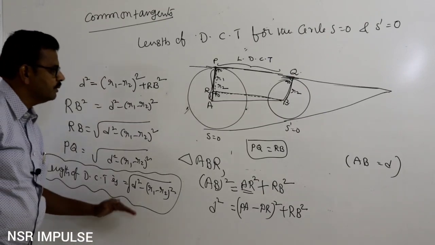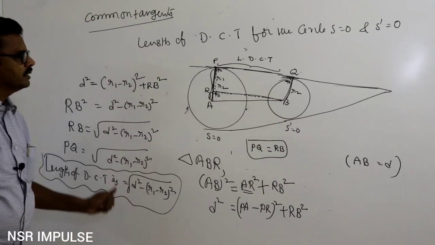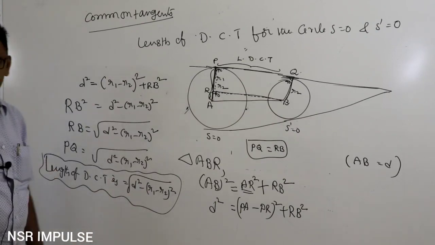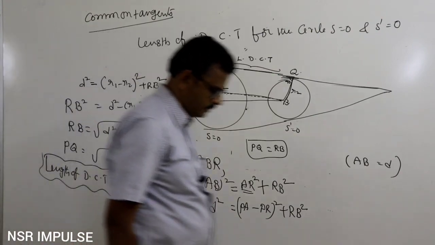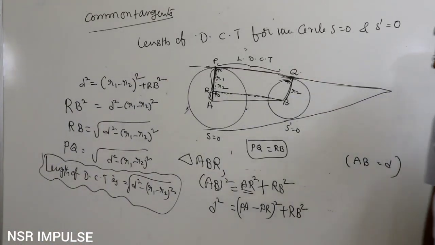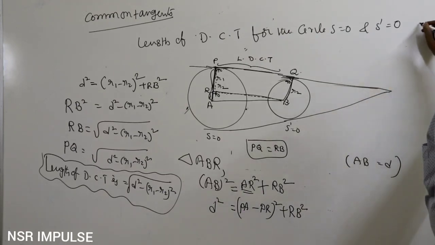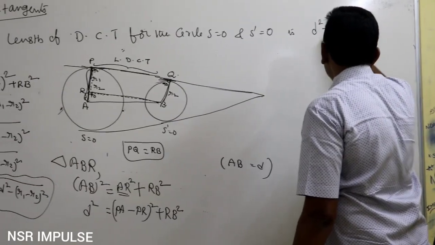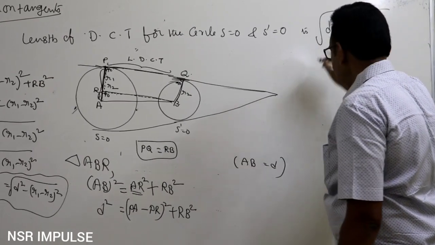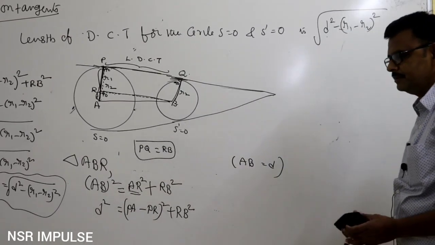See here, PQ is equal to RB. This is the radius R2 and the total distance is R1, so this part is R1 minus R2. Therefore the length of the direct common tangent is root of d square minus (R1 minus R2) whole square, where d is the distance between their centers. This is one method to find the length of the direct common tangent.